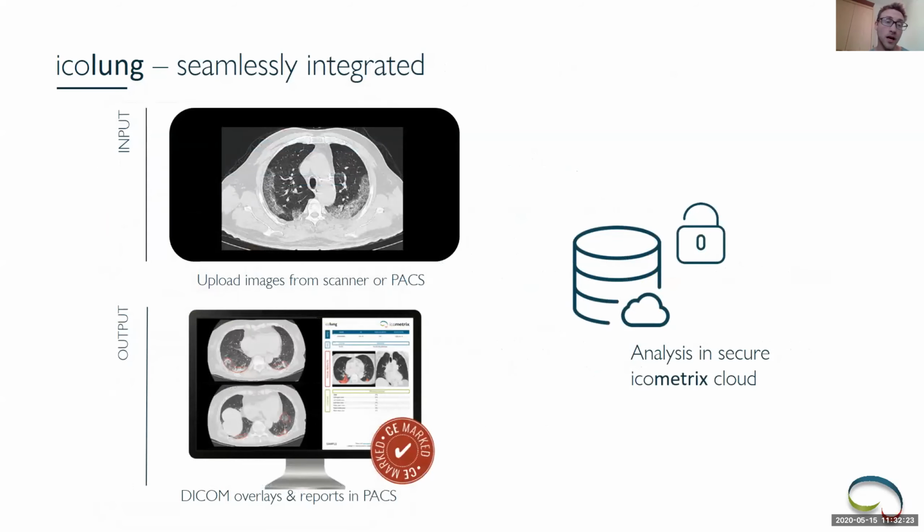This is done by an integration into the hospital setting. Images can be sent directly from the PACS or the scanner to the analysis server, which is in the cloud. And the results are sent back to the workstations, to the PACS, so the radiologist can take them into account when writing the radiological report.